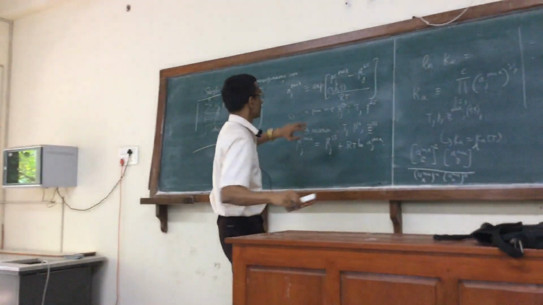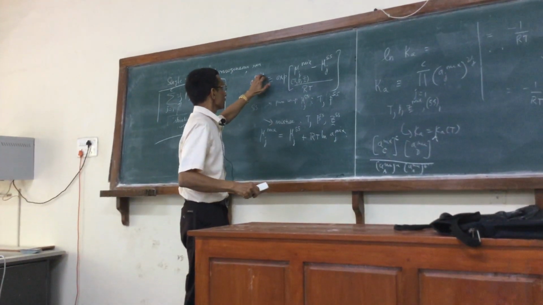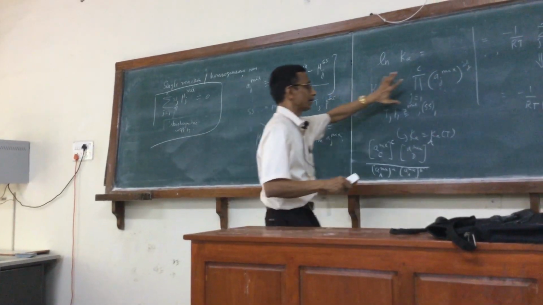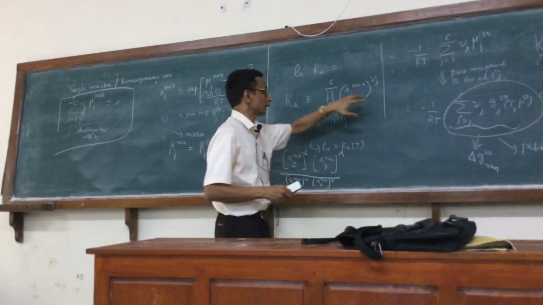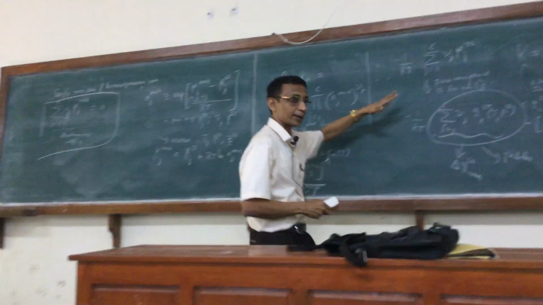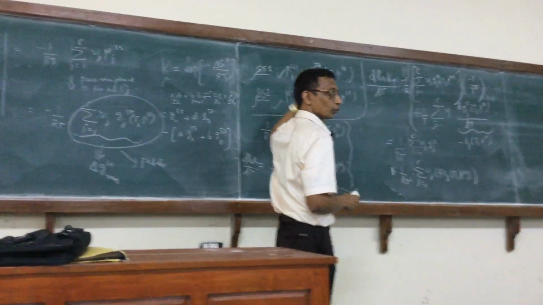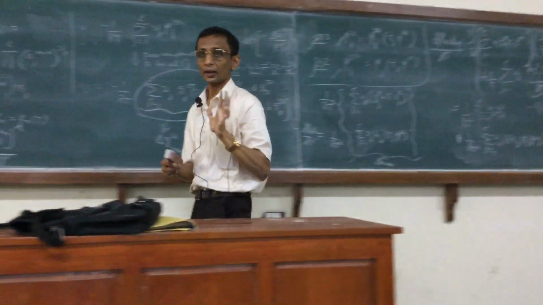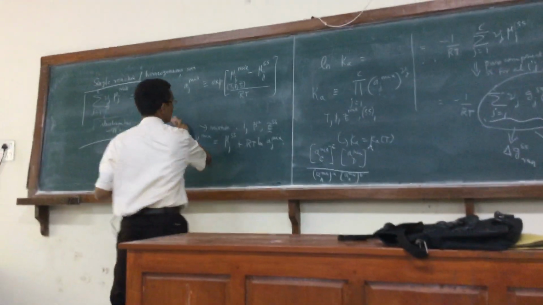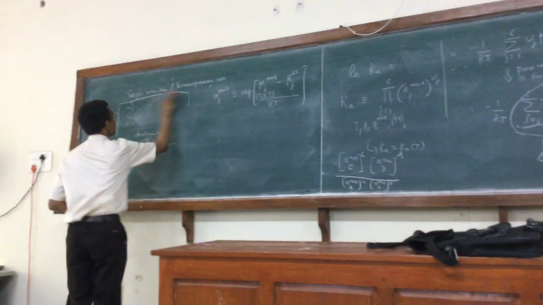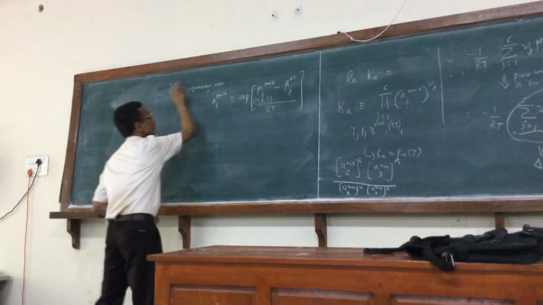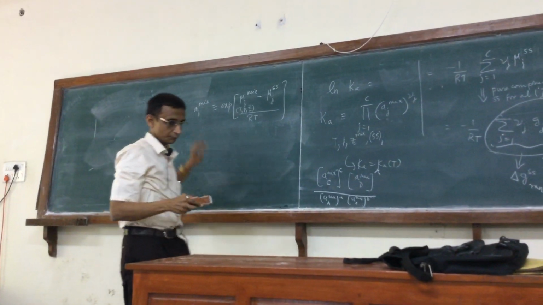But today we will look at the activity, because I have this from the tables. Now this depends again on the standard state, whether we choose one or two. Restricting ourselves to just the pure constant standard state, let's see how to express the activity.